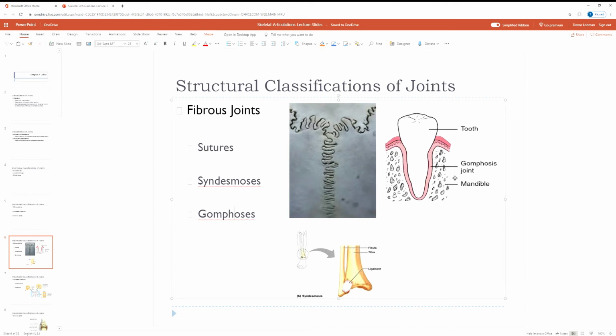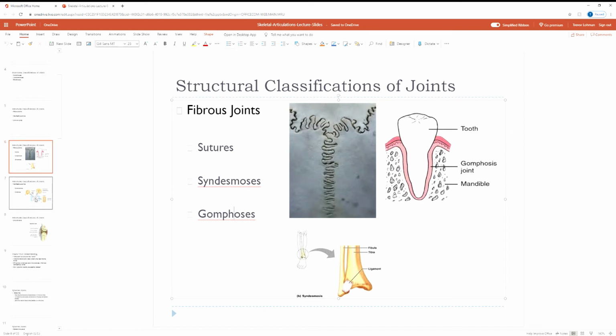This is a gomphosis. And this has, compared to the other two, a relatively long ligament. And this is just a distal tibiofibular joint held in place by an anterior tib-fib and posterior tib-fib ligament. So these are all joints held in place by fibrous connective tissue, and they allow very little movement, which makes sense, right?